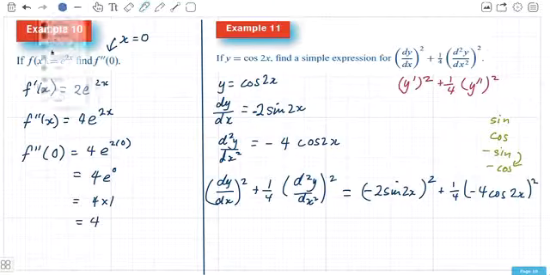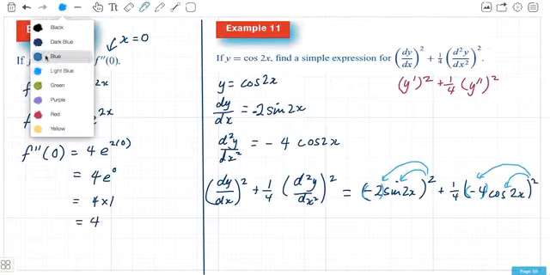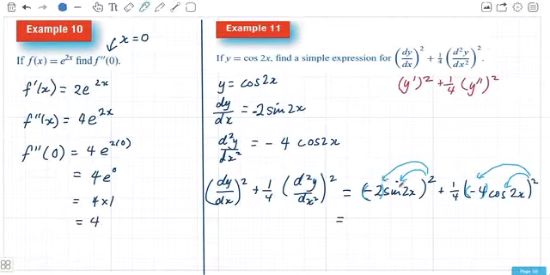When you're squaring, you square each of the terms, the coefficient and the trig part. So if we write down our next line, we've got negative 2 squared.